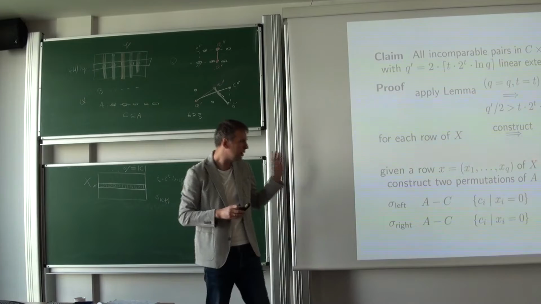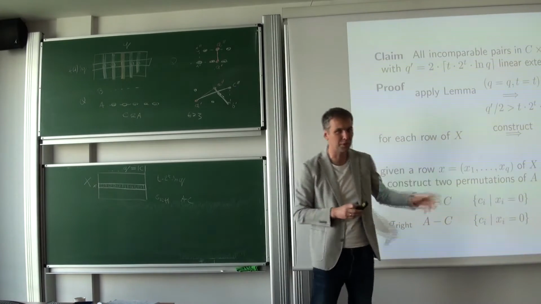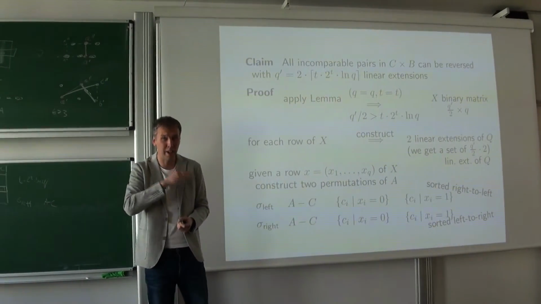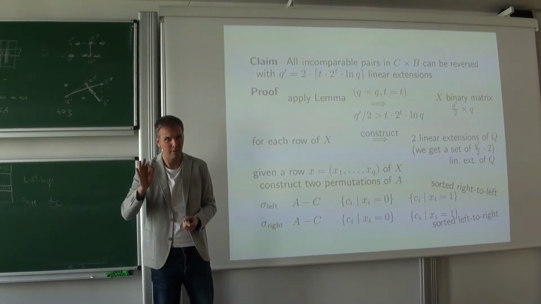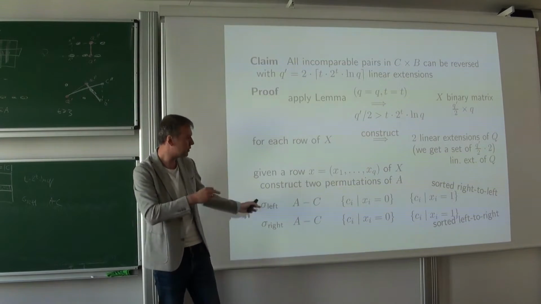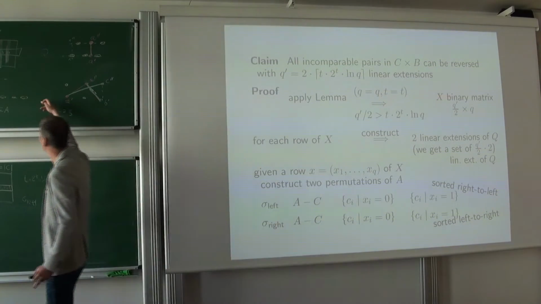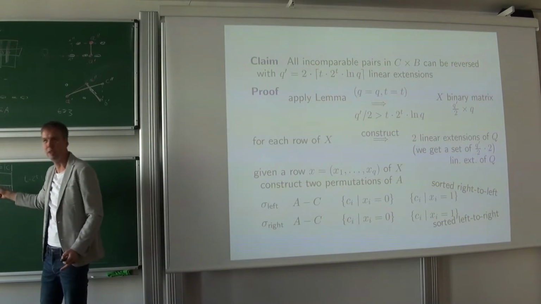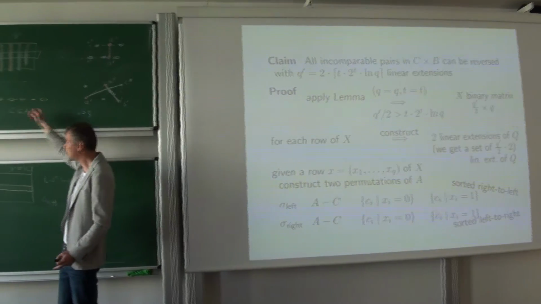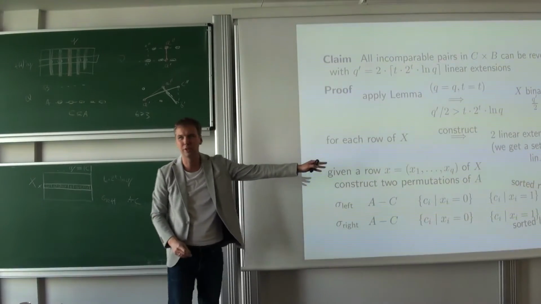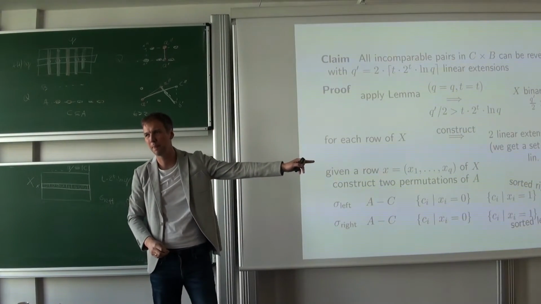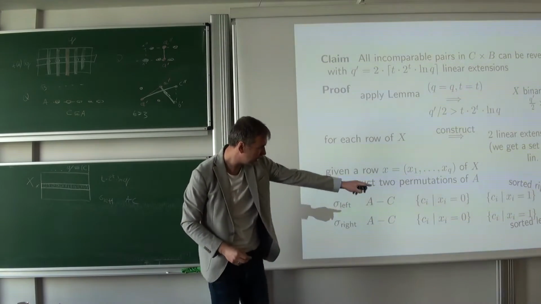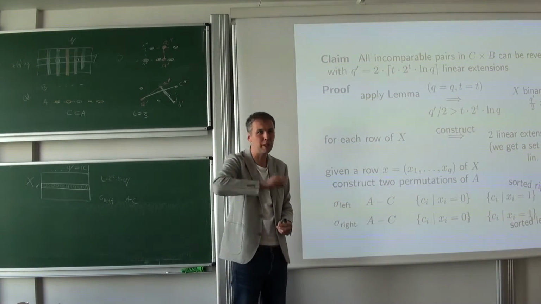And then eventually I put those elements of C whose corresponding bit is on. And here I care about the ordering for the first time. This is sigma left, so I do it from right to left. I read it from here to here. Those yellows whose corresponding bits are on in my row are listed from right to left at the very front. The sigma right is exactly the same, with the exception that at the end I list it from left to right.